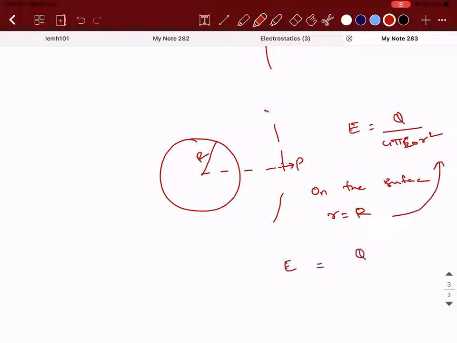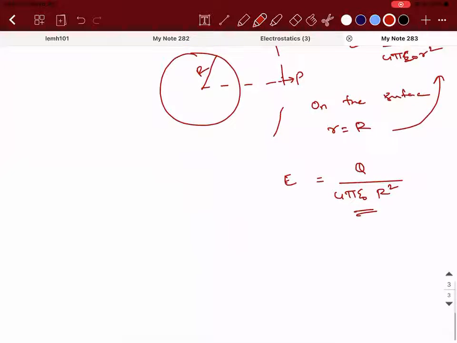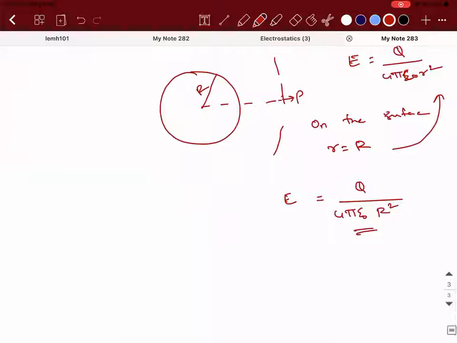E will be equal to Q divided by 4 pi epsilon naught capital R square. Okay? Is that clear? On the surface, the Gaussian surface and the shell are the same. So Q divided by 4 pi epsilon naught R square.